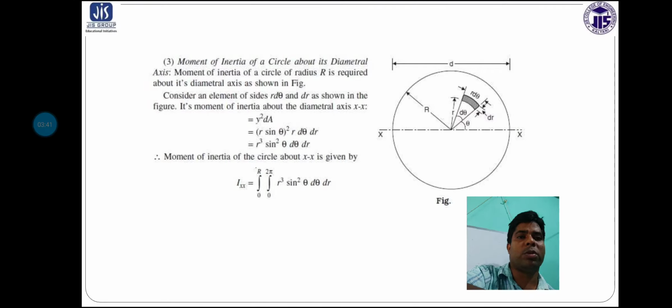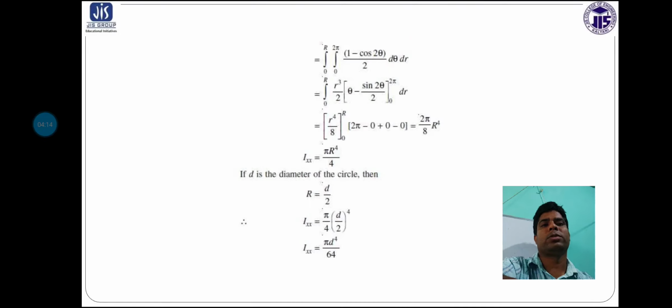The moment of inertia about the diametral axis XX is equal to y squared into dA, and y squared means (r sin theta) squared, into r d theta dr. So r cube sin squared theta d theta dr. Now the moment of inertia of the circle about the XX axis, Ixx, is equal to the integral from 0 to r and 0 to 2 pi of r cube sin squared theta d theta dr. Putting in the integration values, Ixx is equal to pi r to the power 4 by 4.